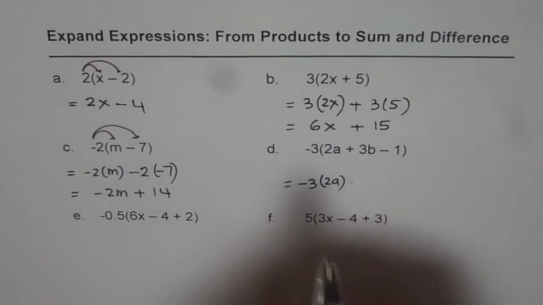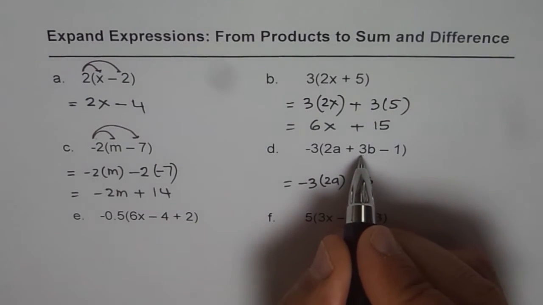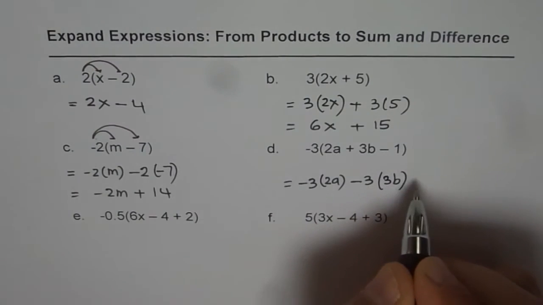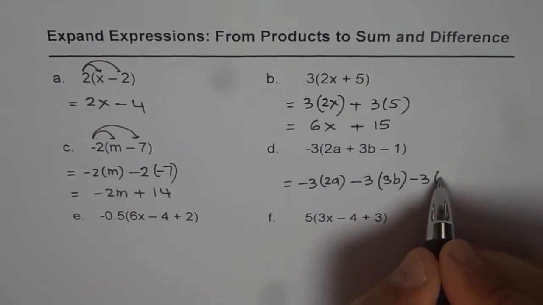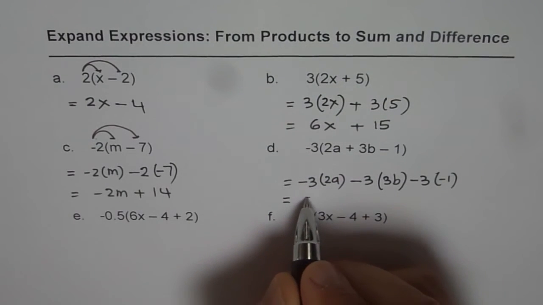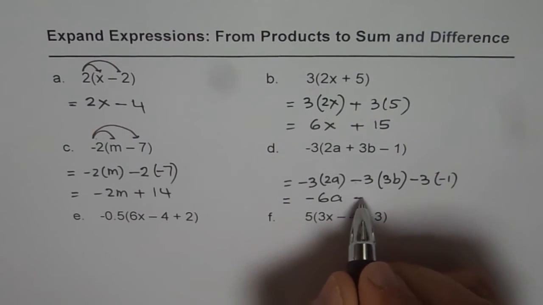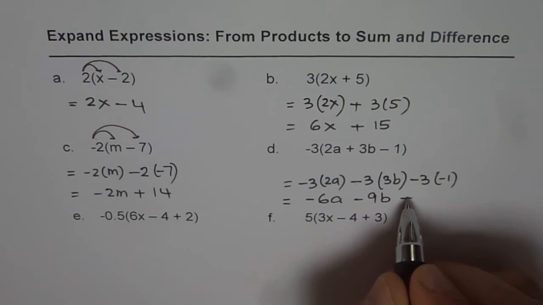Here it is minus, so let's write minus, and then the number 3 times the term inside the brackets, which is 3b. Then again minus 3 with minus 1. So what do we get? Minus 3 times 2 is minus 6a, minus 9b, and minus makes it plus, so we get plus 3.